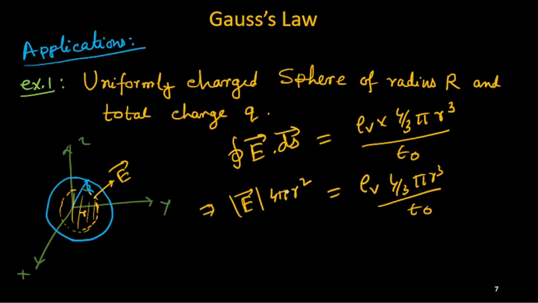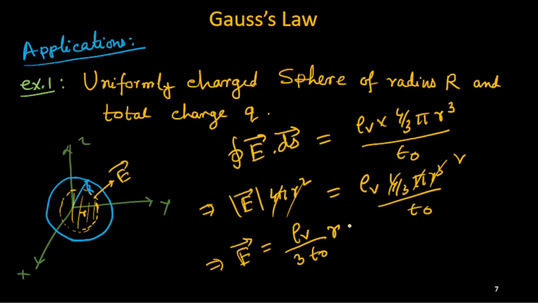Now the 4 cancels out, pi also cancels out, and r square cancels with the r. So the E field will simply be rho v upon 3 epsilon naught times r, and it is a radial vector. So we have got this result inside the sphere, and outside the sphere we got a different result.